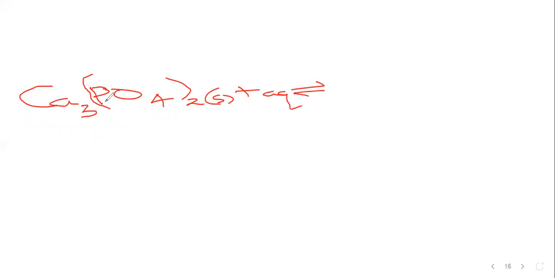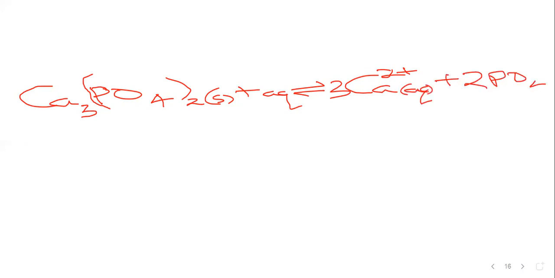When you write a wrong formula of the compound, you can't write the correct equation, and you can't have a correct KSP expression. This will be calcium 2, shall have a 3 here, plus 2 phosphate radical, which has a charge of -3, aqueous.